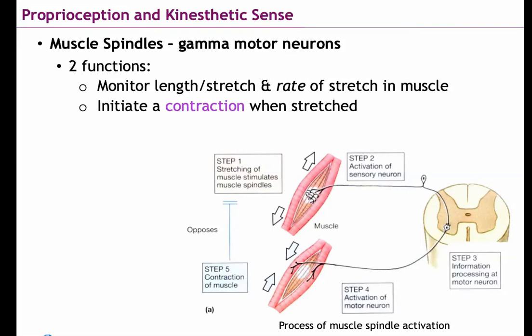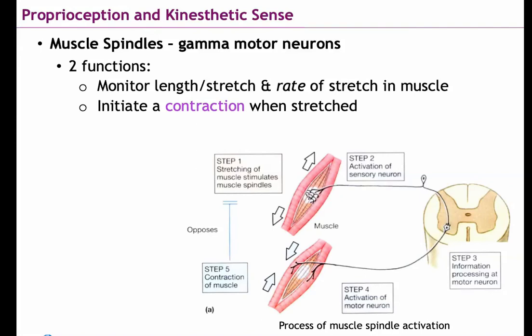and then the spindles are connected to this gamma motor neuron here. This gamma motor neuron is going to send sensory information to the spinal cord. Here, this is a cross-sectional view of the spinal cord. It just means you take the spinal cord, you cut it in half, and you're looking at the inside of it. This is where a lot of really fast reaction type movements are produced, or maybe not produced, but controlled.